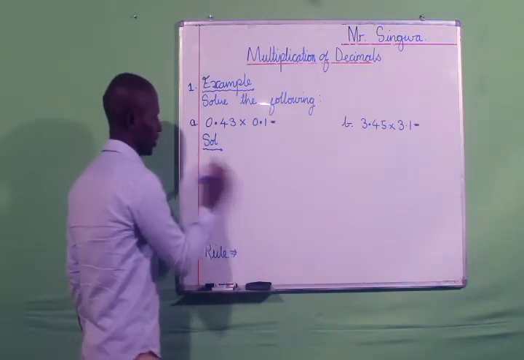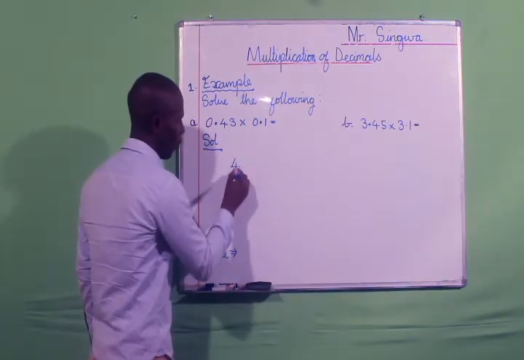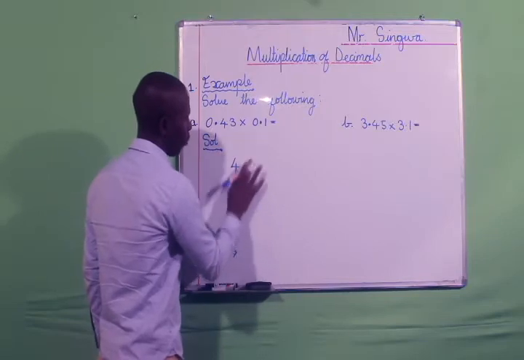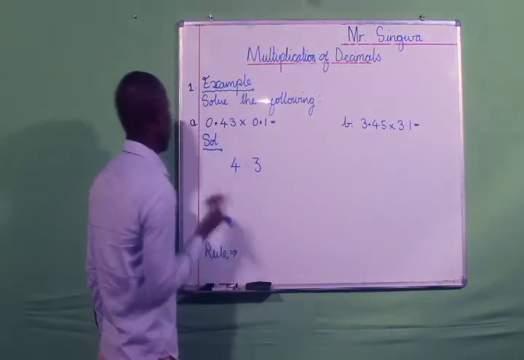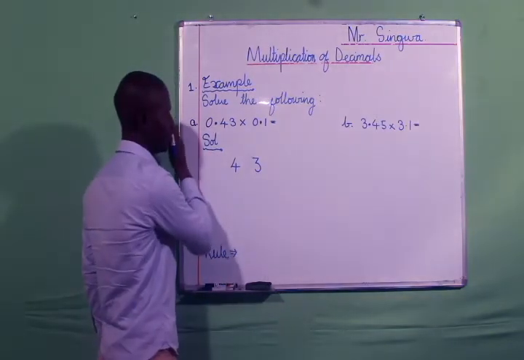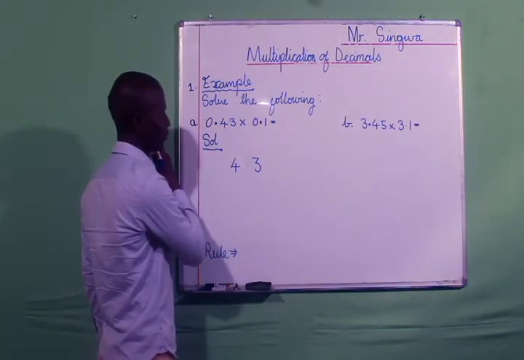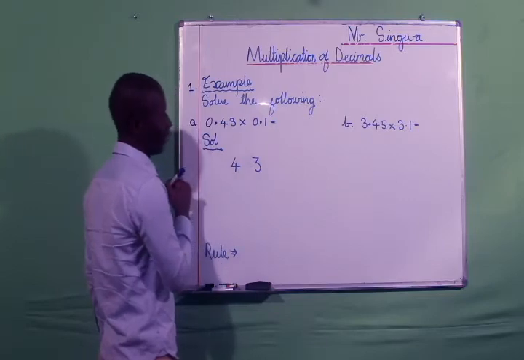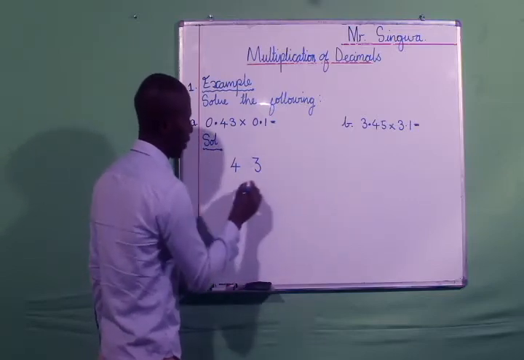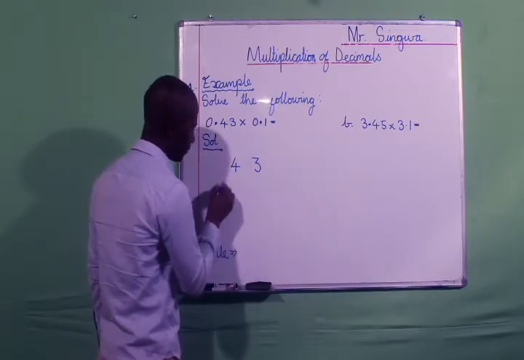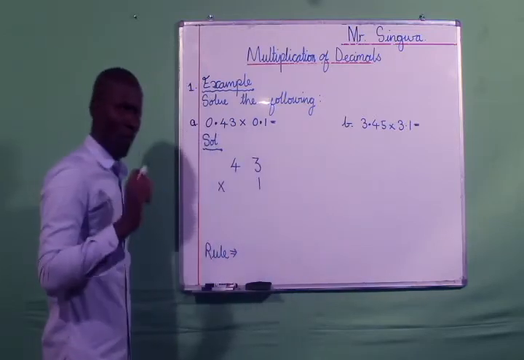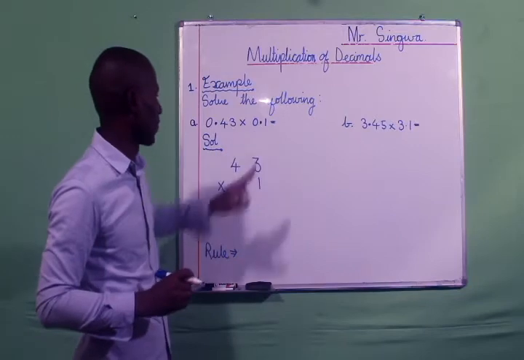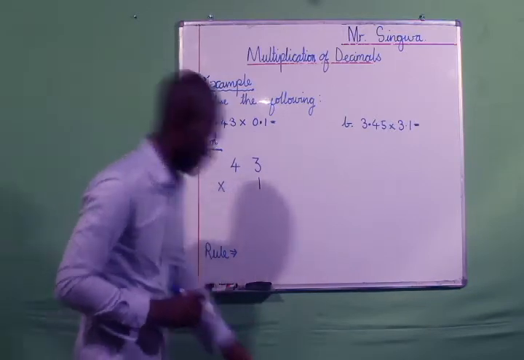I leave the gap. I'll do 43. I've left out the 0 before the decimal. If I wanted, I could write it, but I've left it out, multiplied by 1. Since I only have one digit here, I'll put only 1 here.